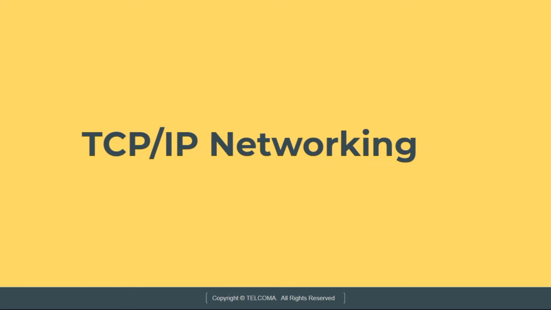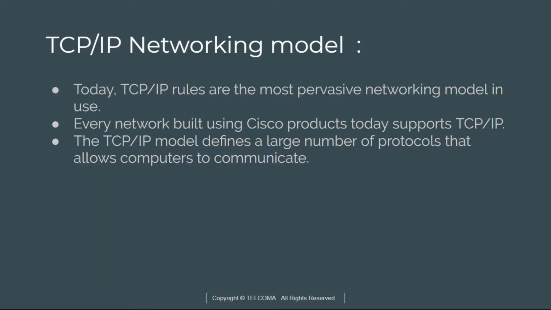The companies that make networking products, and those who use these products to build their own computer networks, have to follow a particular model. The model the system is using has some defined rules, and each part of the network should work as per the rules so that the entire system can work together.